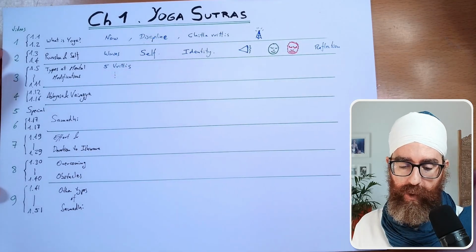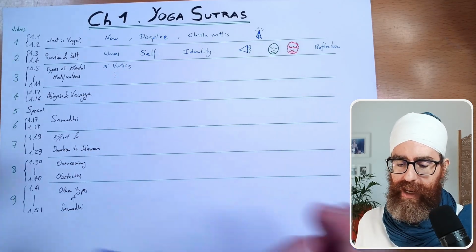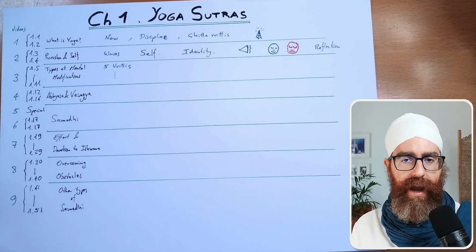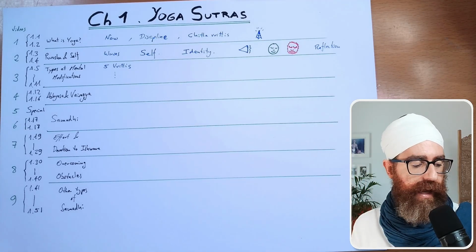And Patanjali enumerates: there was the right knowledge, there's the wrong knowledge when we are going into fantasy, and there's also sleep and memory. Those were the 5 different kinds of vrittis, which, if you look at them, you remember when we were exploring them, look very similar to the 5 different states of consciousness, something we have explored in other videos.